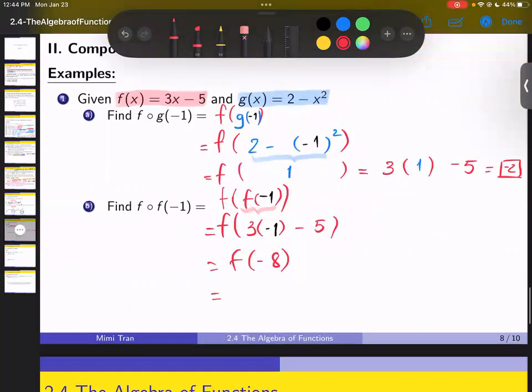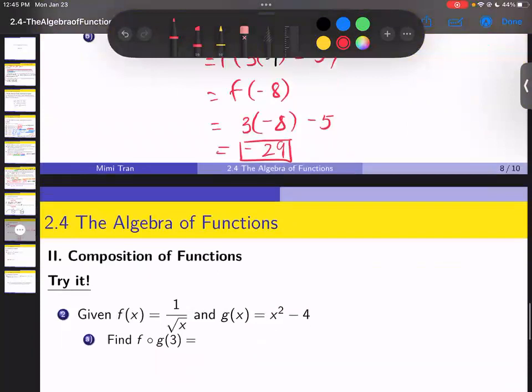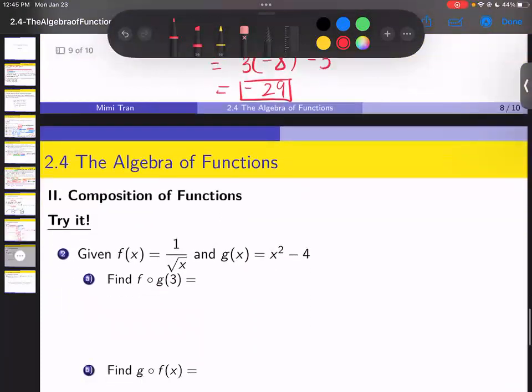And now you plug in again, right? 3 times -8 minus 5, -24 minus 5, -29. You guys get the idea, right? And because you do, I want you to do 2A for your extra credit.